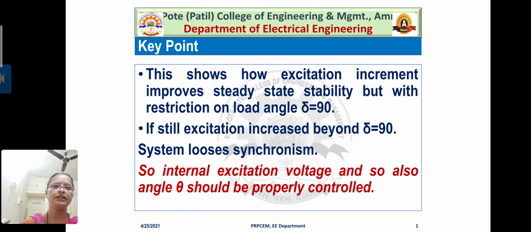The bottom line of today's session is that the internal excitation voltage and also the angle theta play an important role in improving the steady state stability limit, but these factors should be properly controlled. Otherwise, the system loses synchronism if we cannot put any restrictions on these two factors. So this is the bottom line. You may underline this: internal excitation voltage and also angle theta should be properly controlled.